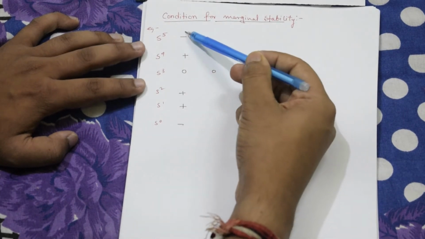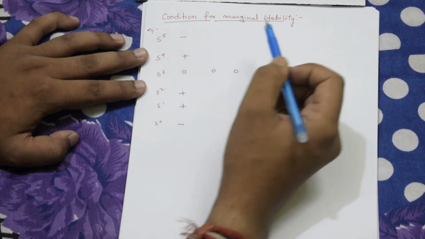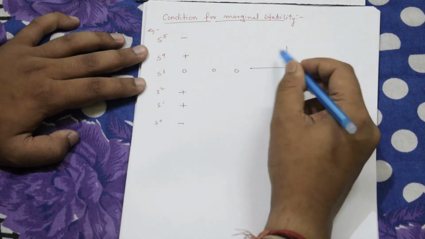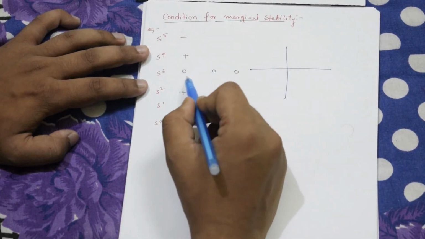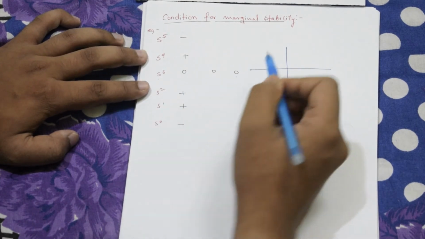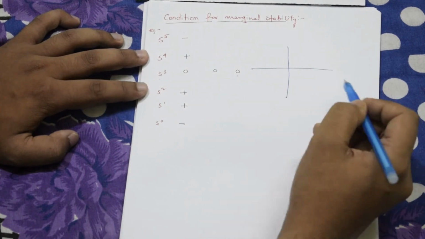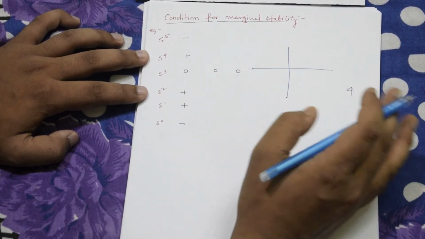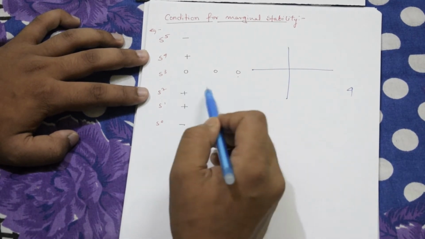Now for this, let's suppose it is the condition for marginal stability. Let's suppose we found that the number of sign changes are like this in the first column. Now we will draw how many poles are there and how they are distributed in the s plane. The row of zeros is in the s power 3. That means the number of symmetrical poles is 4. We have to find where these 4 poles are present. The number of sign changes below the row of 0 is 1.